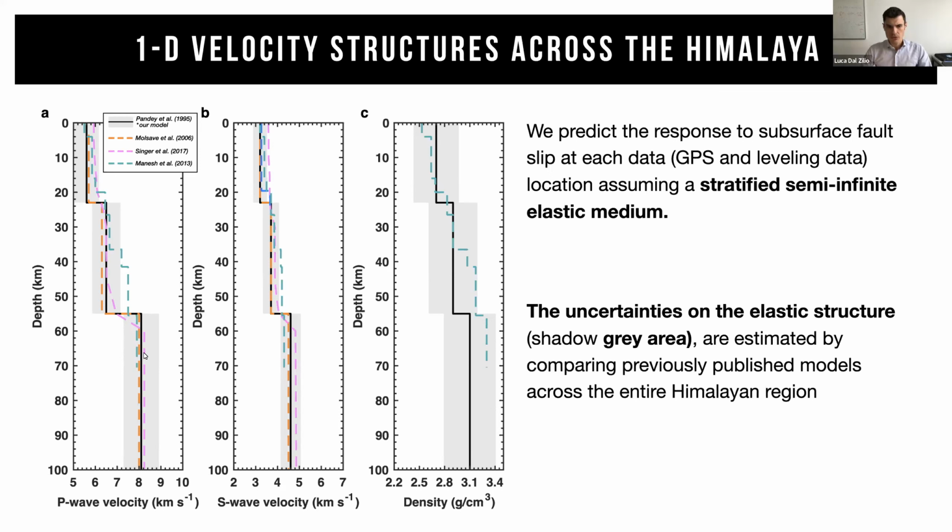Now, when we consider the Bayesian method, we consider a model that is the one in black, for example, within a certain standard deviation that is highlighted here in gray. So the method can take into account a certain level of uncertainty that we have in the velocity model.